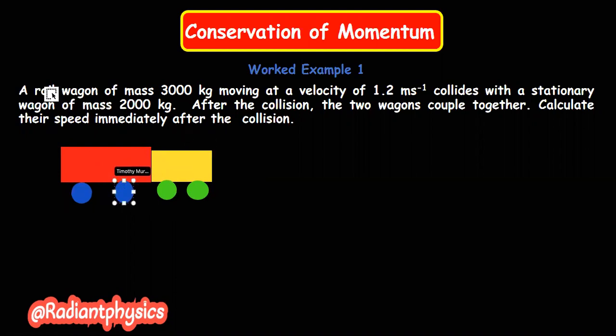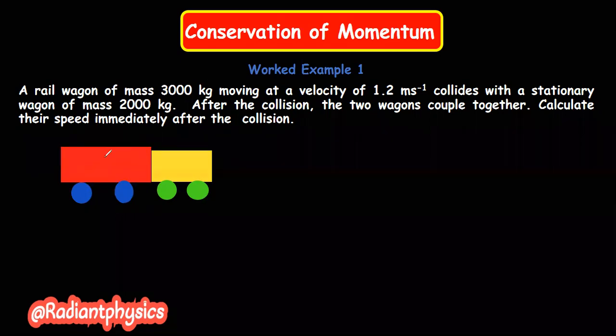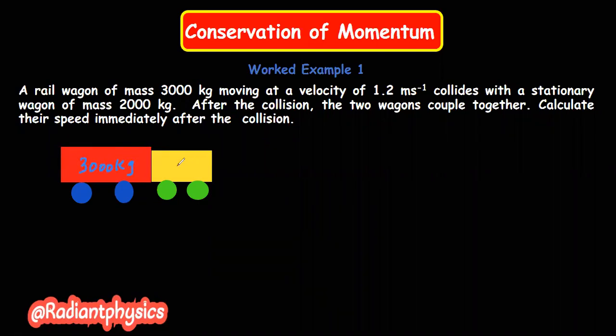All right. So this is a rail wagon of mass 3,000 kg. Let's put the data inside this, and then we solve the problem once and for all. The mass of this is 3,000 kg, and the mass of this is 2,000 kg.